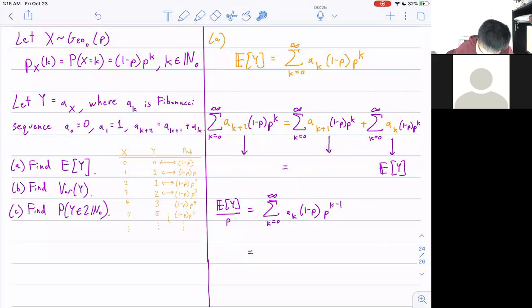So it actually turns out that this just equals the same thing once we perform a reindexing, with k equaling 0 to infinity, and then we bump this k to k+1, (1 minus p), and then we bump this k to k+1, but then we minus 1, which gives us just p^k. So it turns out that exactly E[y] divided by p gives us exactly this term right here.